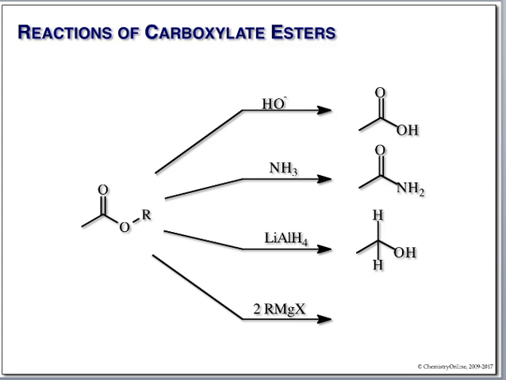Hydride is going to add twice to give us the primary alcohol. And a Grignard will add twice to give us the tertiary alcohol. The mechanisms of all of these are identical. Simplest chapter we've got.